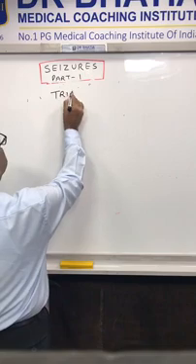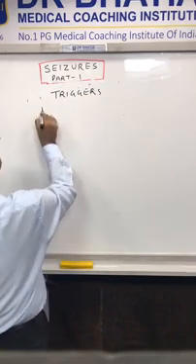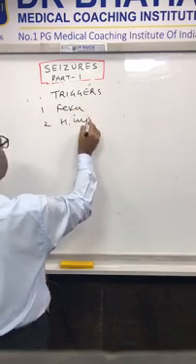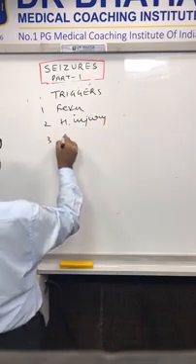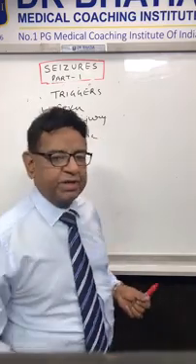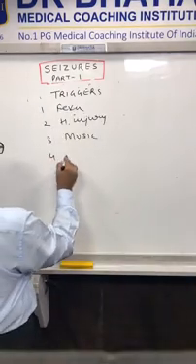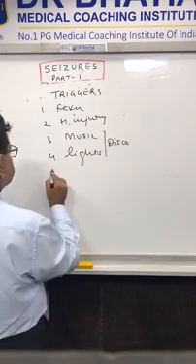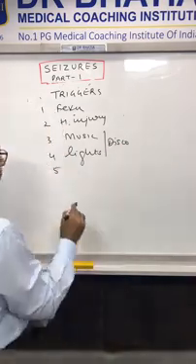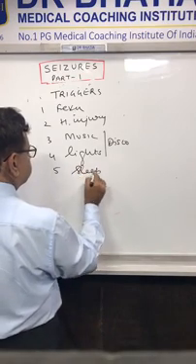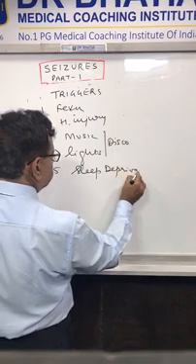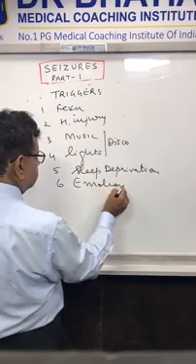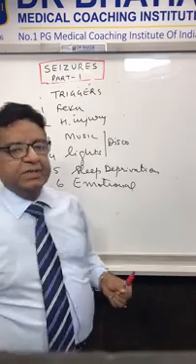Triggers are fever, head injury, loud music, so-called disco music, disco lights, strong lights, typically what we see in discos, sleep deprivation, emotional trauma, emotional disturbance.